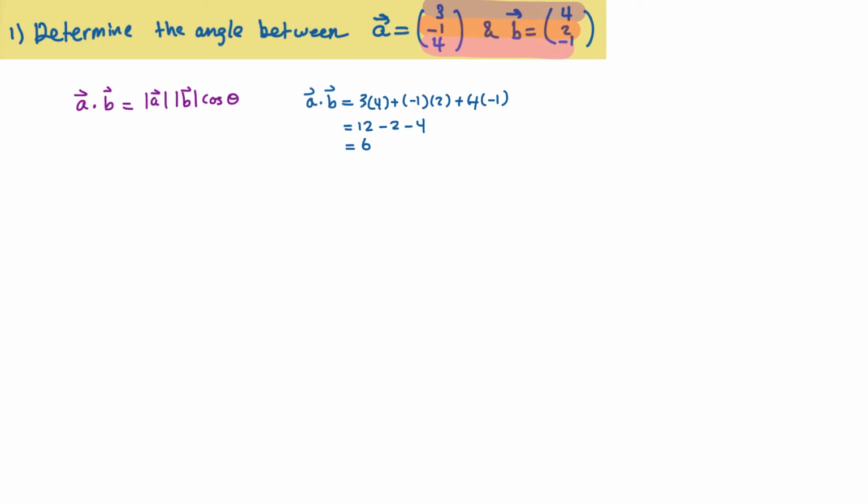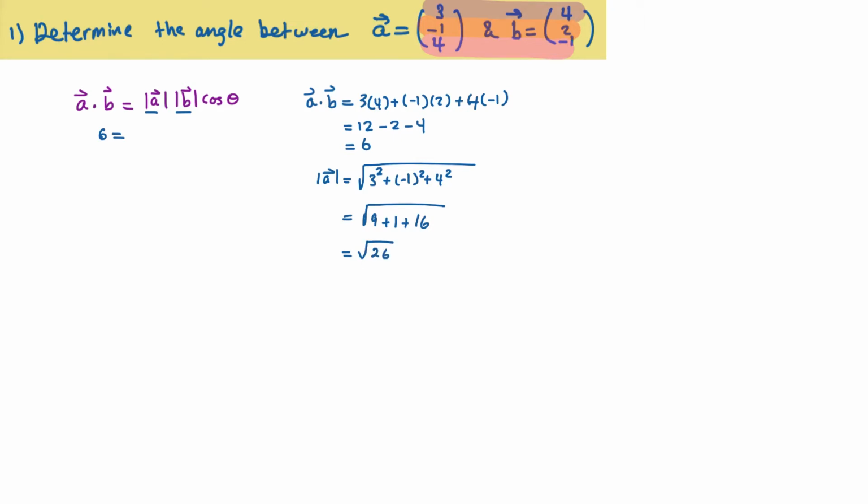Then we have found this to equal 6, and then we need to find the magnitudes of A and B. So the magnitude of A is equal to the square root of its x component squared plus the y component squared plus the z component squared. And that will equal root of 9 plus 1 plus 16, which is root of 26.